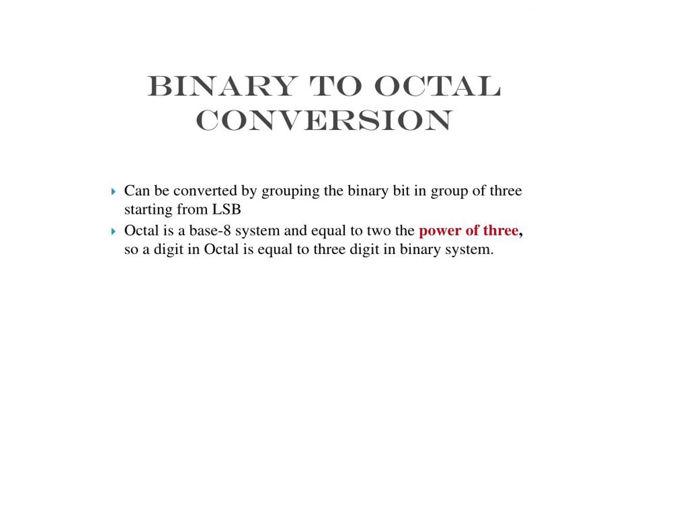So in the lengthy method, firstly the binary number is converted into a decimal number, which we have already discussed. Then decimal to octal conversion should be done, which you have also discussed. Now the shortcut method. In the shortcut method, divide the digits into groups of 3 starting from the right and convert each group of 3 binary digits to one octal digit using the method of binary to decimal conversion.